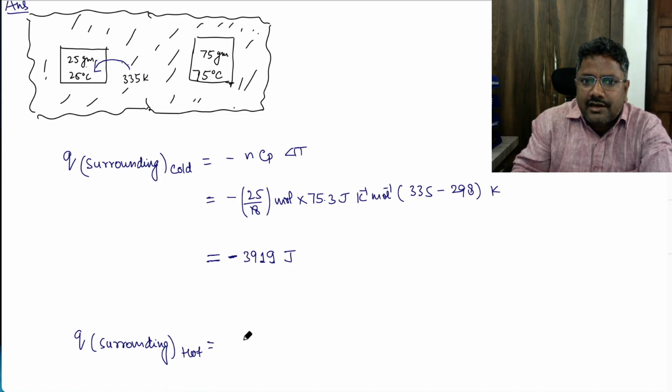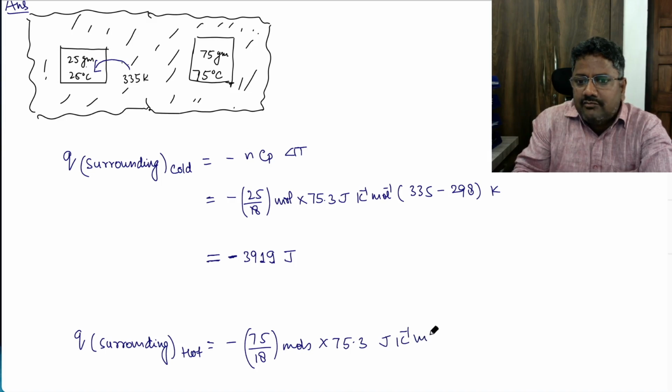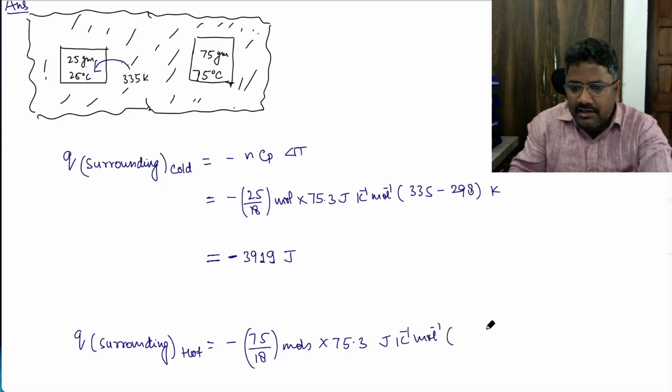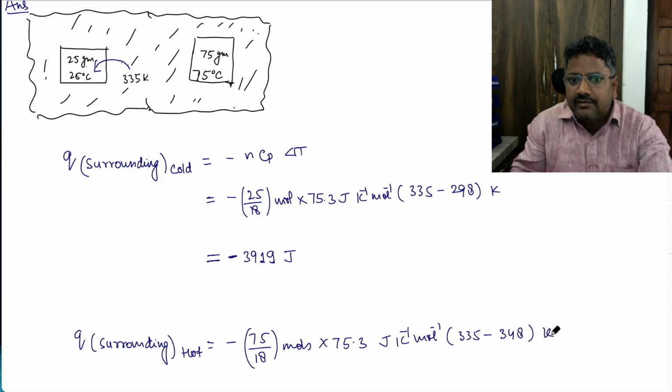So this we can write minus 75 by 18 moles multiplied by 75.3 joules per Kelvin per mole, and this time 335 minus 348 Kelvin.